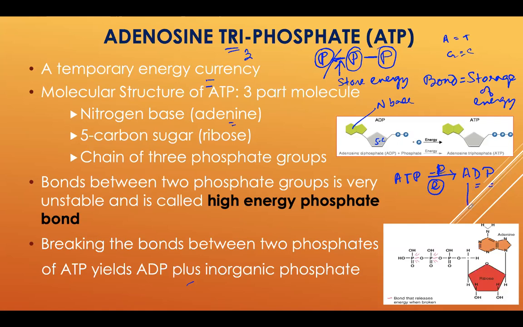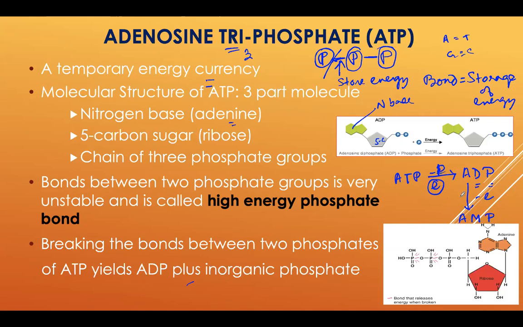Then ADP can release another phosphate group and a huge amount of energy, and convert into adenosine monophosphate. AMP cannot break down anymore.